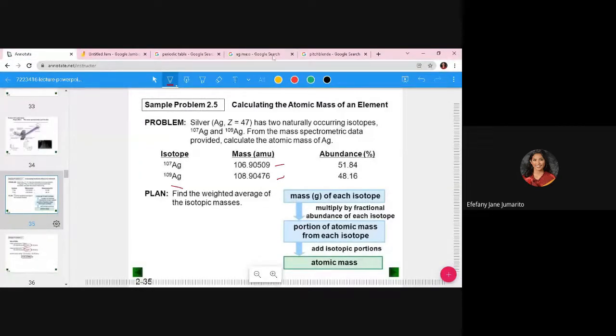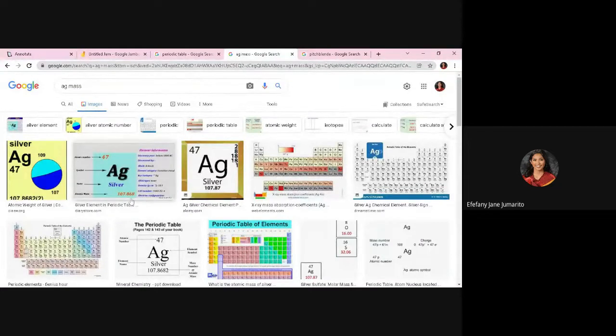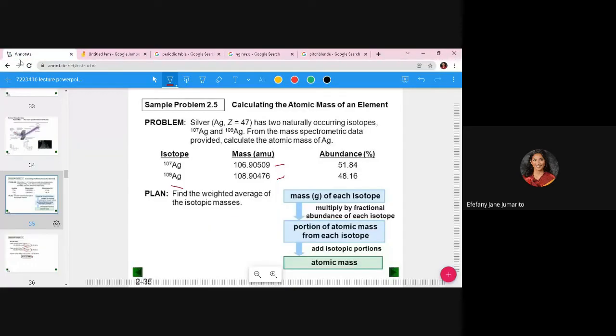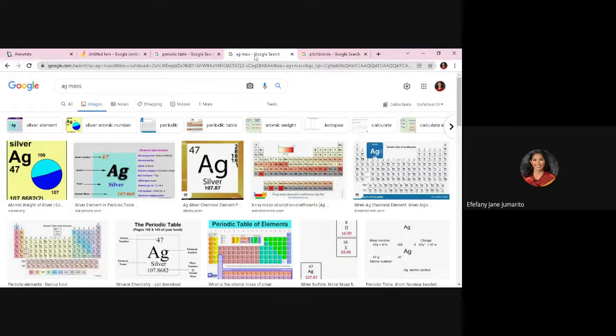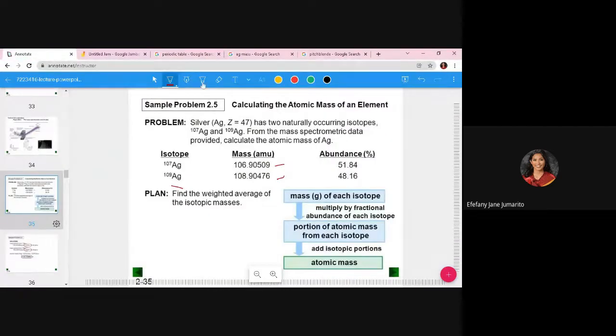So can we determine whether it is silver 107 or 109? The periodic table reports 107.87, which is neither. The periodic table reports the weighted average of the two isotopes.